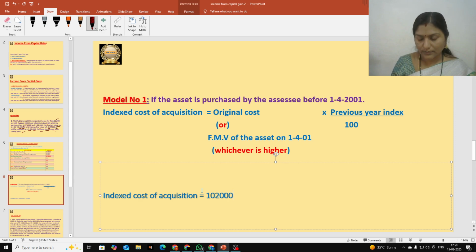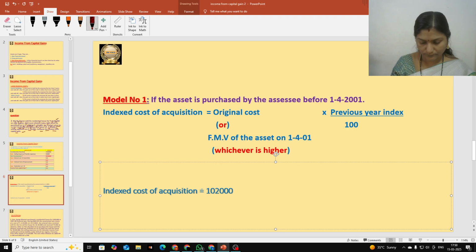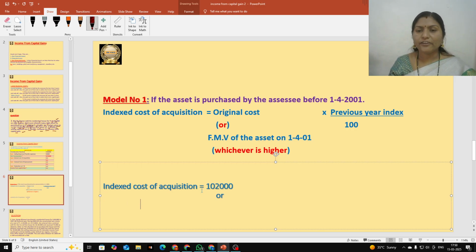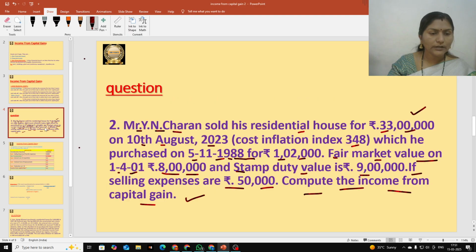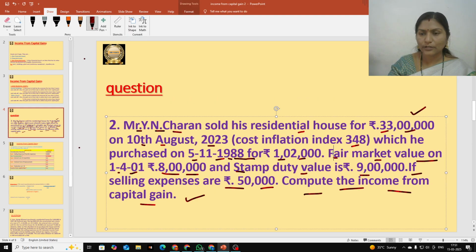And next, FMV of the asset on 1-4-2001. So FMV also should be taken. What is FMV? Fair market value of that asset on 1-4-2001, that is 8 lakhs.